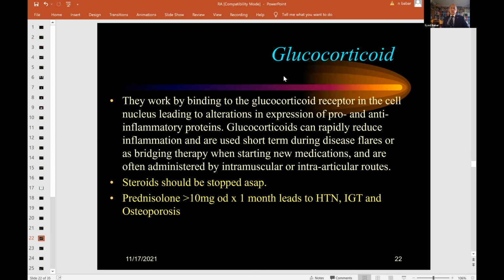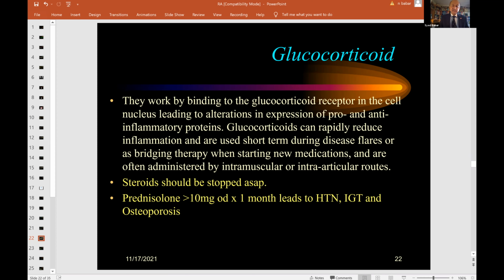Looking at glucocorticoid, this works by binding to the glucocorticoid receptor in the cell nucleus, which means the cell nucleus will control deterioration of cellular functions as much as possible with the glucocorticoid support.